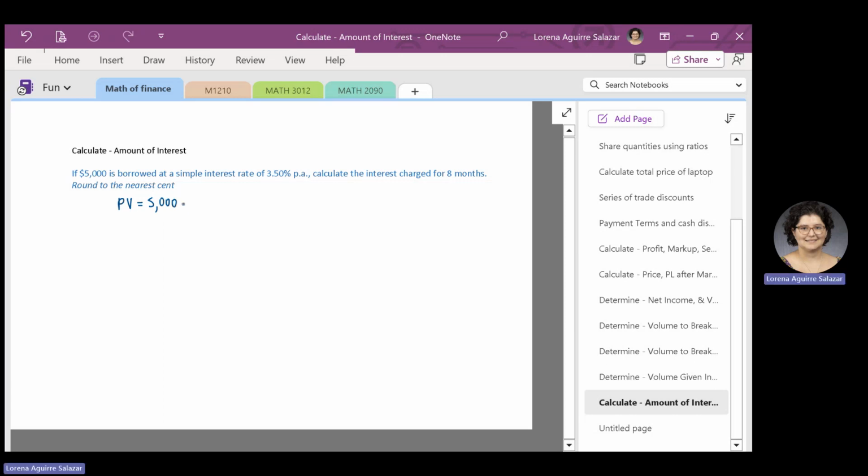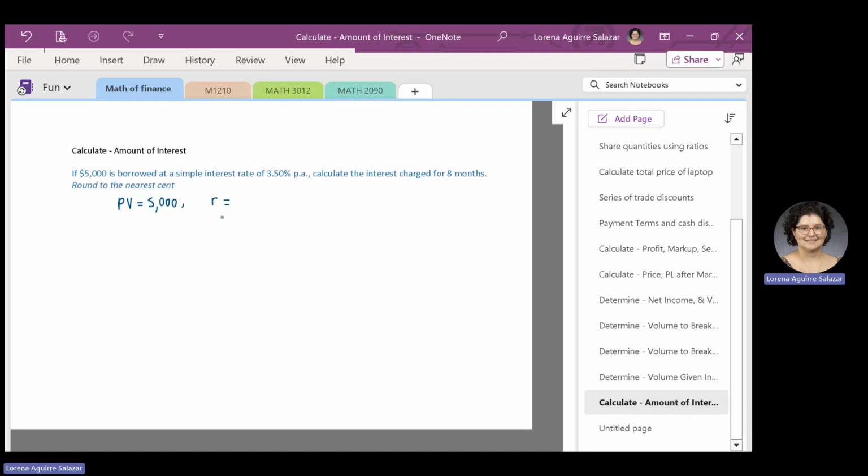We're told that those $5,000 are borrowed at a simple interest rate of 3.5% per annum. That number, 3.5%, is called the simple interest rate. We denote it by R. And the simple interest rate is the rate at which the principal is borrowed. It is expressed as a percent for a given period of time, usually per year, as it is here.